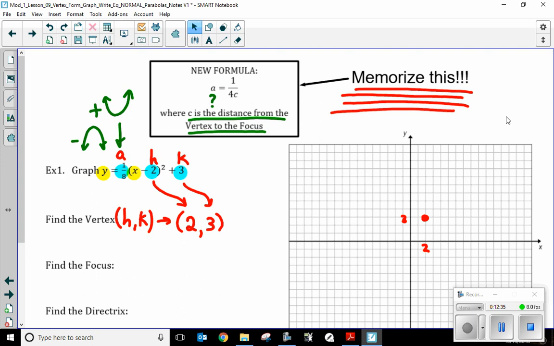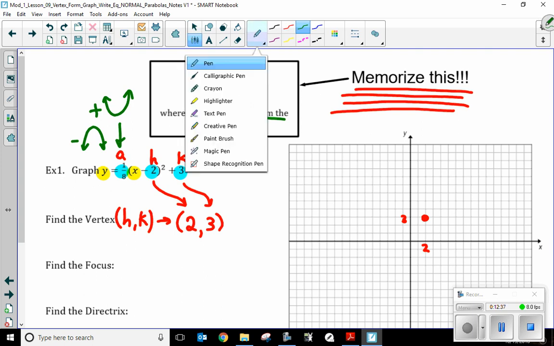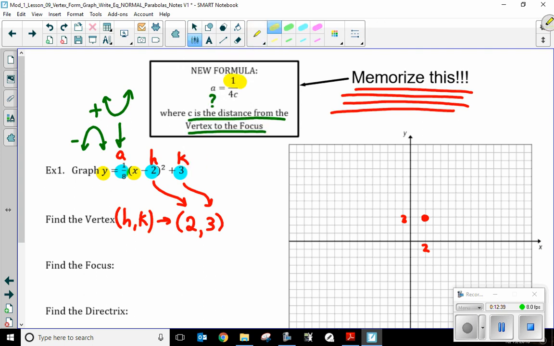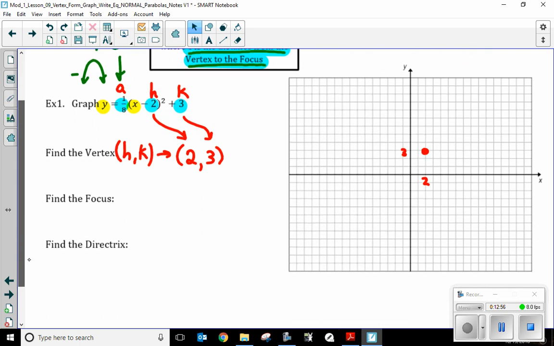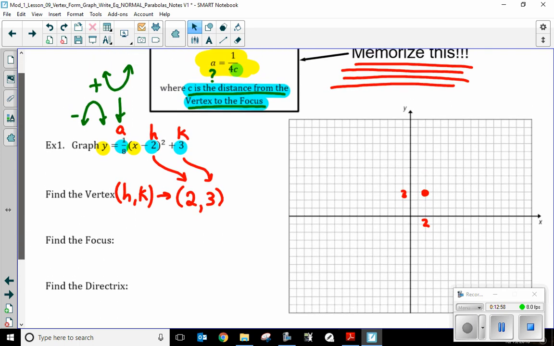Now, this is where our equation, which is going to be like money to us, comes into play. Remember, this value C is the distance from the vertex to the focus. All right? So what I'm going to do is this. I'm going to keep that in play here.